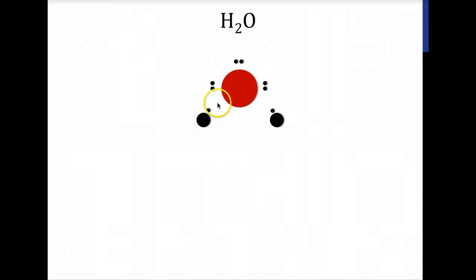So now oxygen thinks that it has its own 6, plus this one that's being shared from hydrogen to make 7. But there's 2 hydrogens, so that makes oxygen think that it has 8. If we count the electrons, 1, 2, 3, 4, 5, 6, 7, and 8, oxygen now thinks it has a full octet because those electrons are being shared. And the way we depict the sharing of electrons is to draw a line between these 2 atoms.